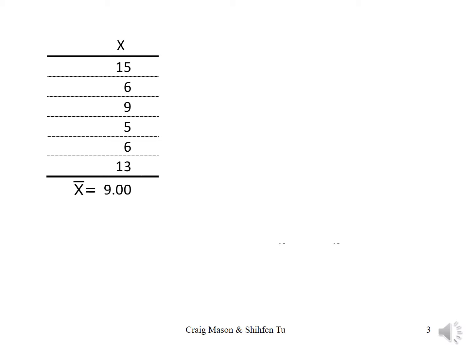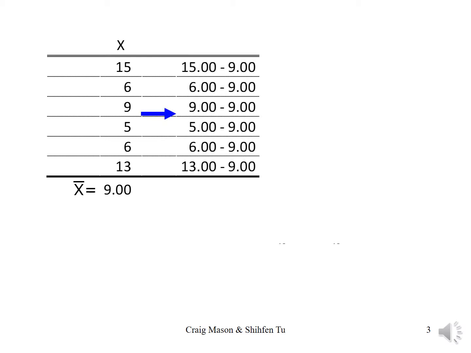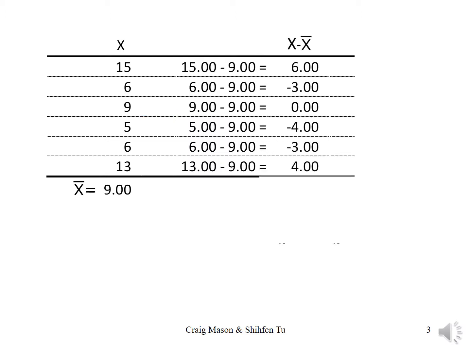We then need to subtract the mean from each individual score, so we have 15 minus 9, 6 minus 9, 9 minus 9, 5 minus 9, 6 minus 9, and 13 minus 9. This gives us values of 6, negative 3, 0, negative 4, negative 3, and 4. These are our deviations from the mean.